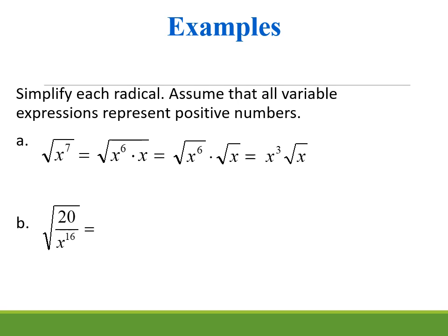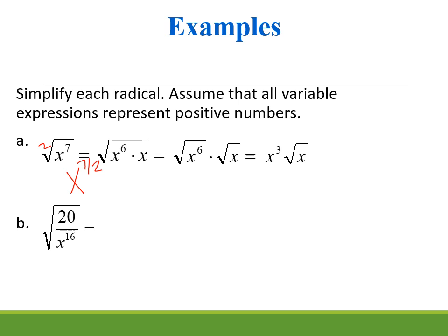And the reason why I say that is because, remember, this is the same thing as saying x, and remember my root here is 2, so x to the 7/2.